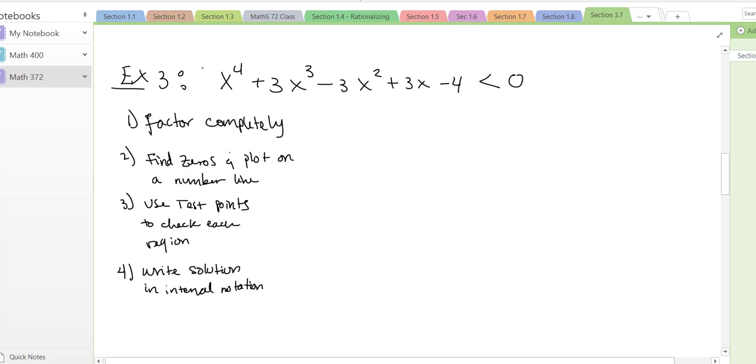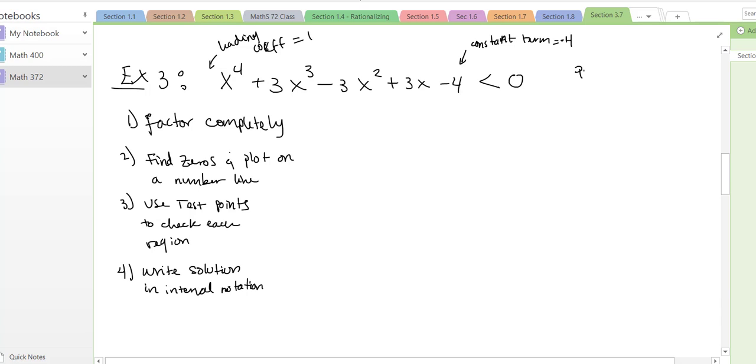The rational root theorem says that the possible roots are the factors of the constant term divided by the factors of the leading coefficient. The leading coefficient in this case is 1, and the constant term here is -4.